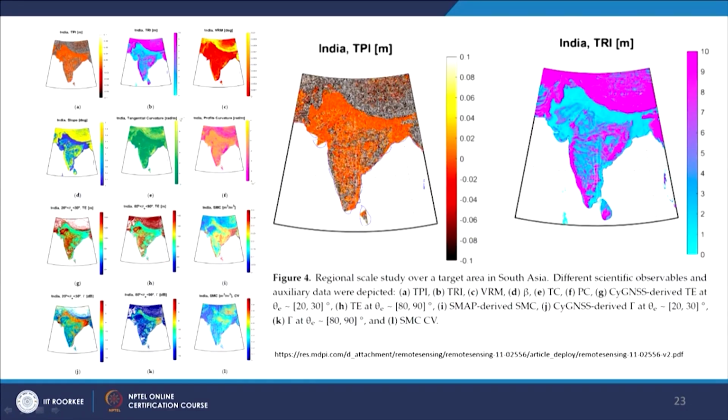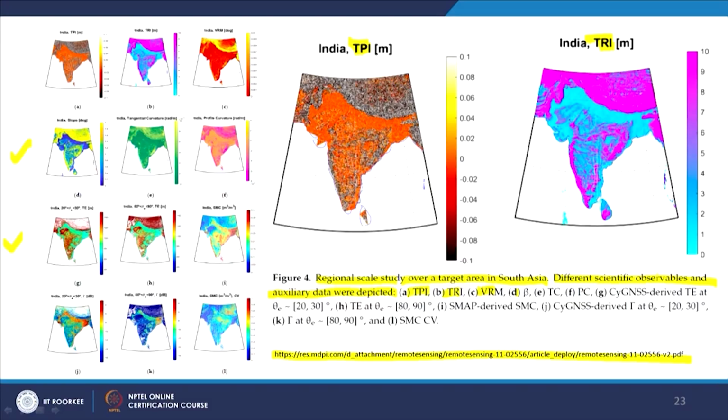Here I have taken an example from this publication, where for overall India they have derived TPI as well as TRI, and for different scenarios these things have also been presented here. So, at a regional scale over a target area in South Asia, different scientific observations and auxiliary data were depicted: TPI, TRI, BRM and so many other parameters.